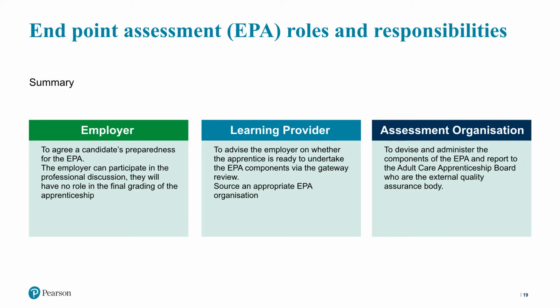We're regulated by Ofqual for on-programme learning. For endpoint assessment, we will be regulated by the Adultcare Apprenticeship Board. They will be the external quality assurance. They are in the process of being set up. They will be an arm of Skills for Care. So we are retaining that professional development within our sector with Skills for Care.